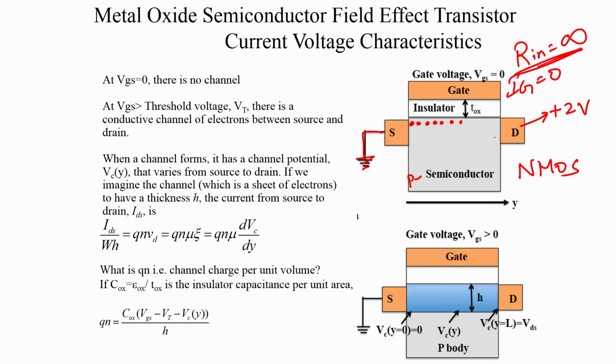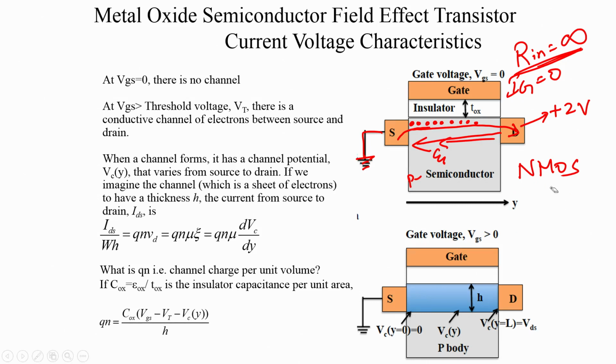Therefore, the electric field is in this direction, and the electrons will all come in from the source and migrate to the drain, which means the current is going to be in this direction. You are going to have a current from the drain to the source, and we want to find out what the drain to source current is.